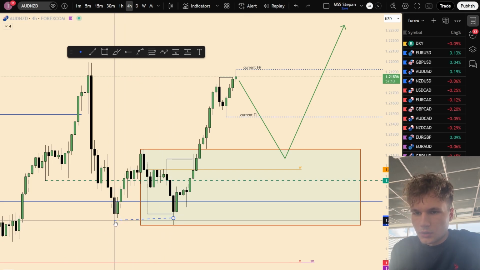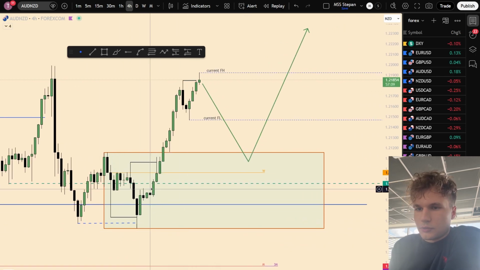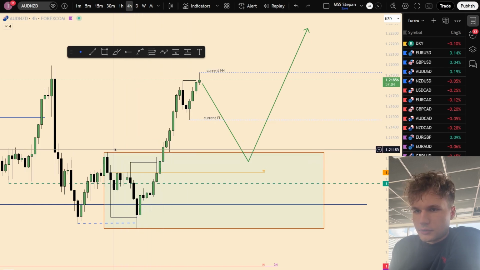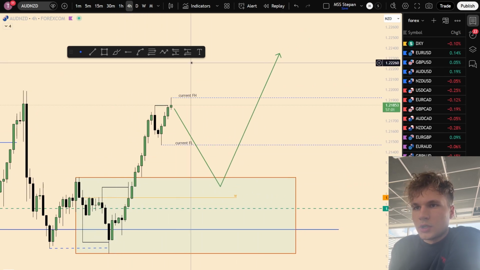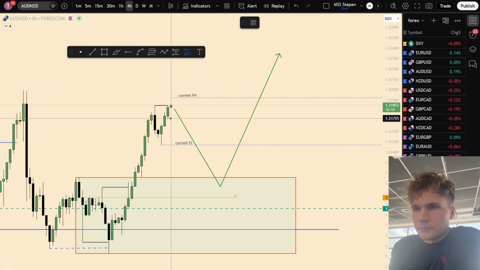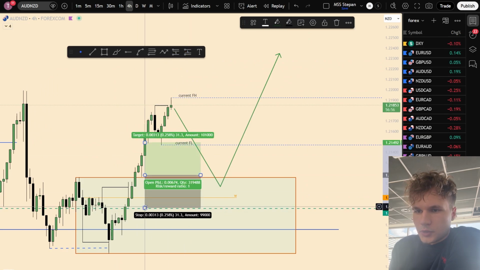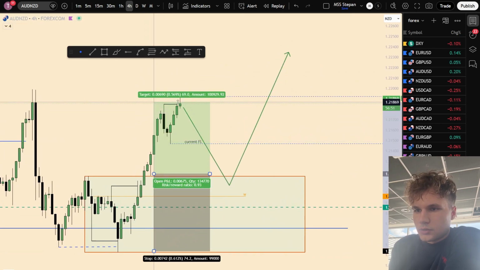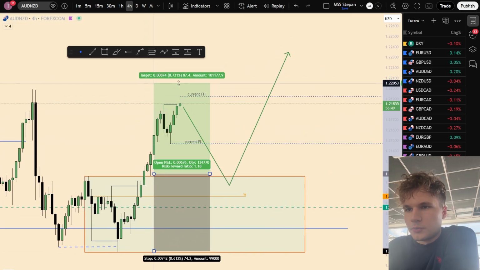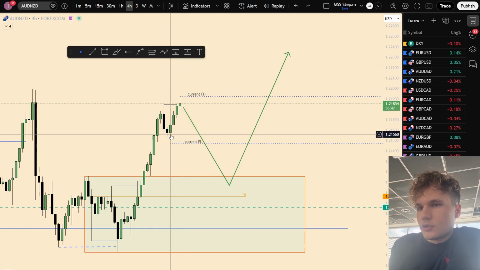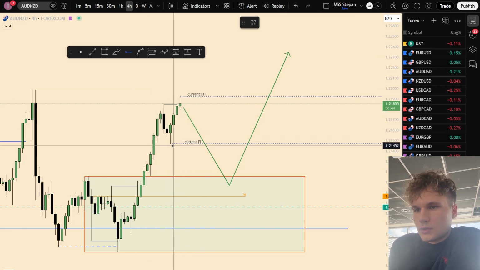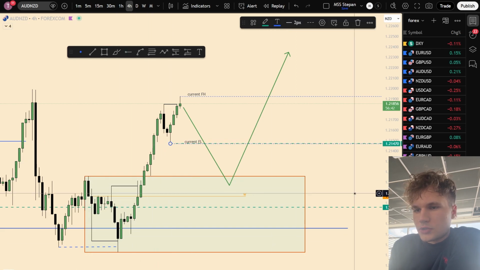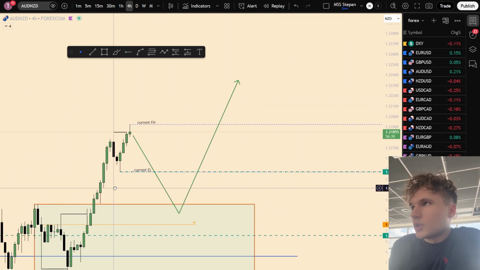Then we saw this shift in structure right here on the fractal and on the macro structure wise here, and you could have bought it on the break, and now you will be up almost 1-to-1. So if we see a retracement liquidating this low or reaching again this demand zone, we can trade up higher.